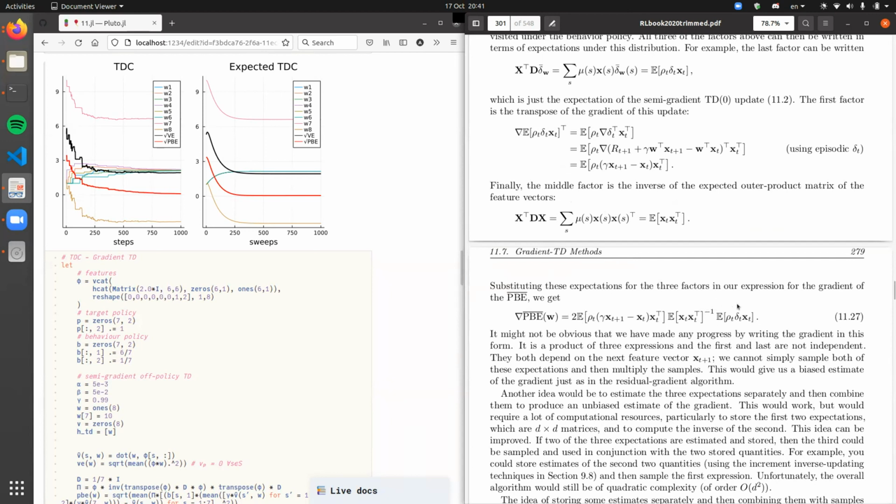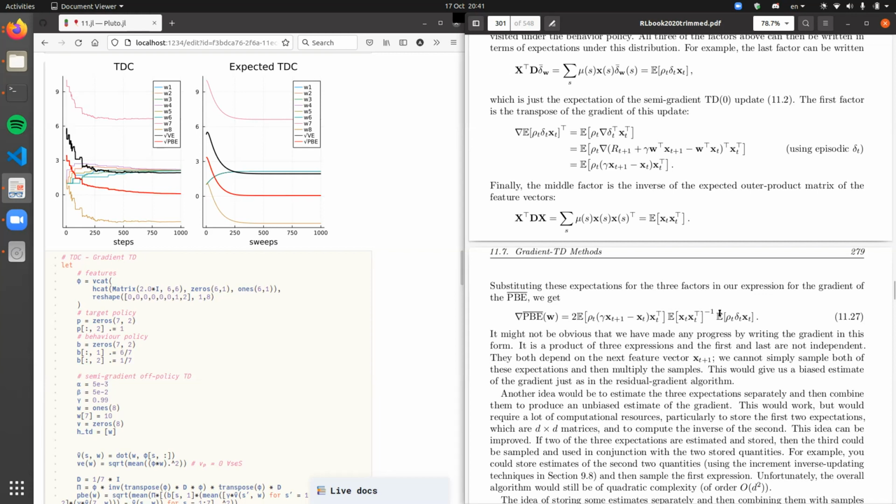And why do we need that? Because we want to run a stochastic gradient descent. So we want to sample some values and use that sample approximation for the gradient.